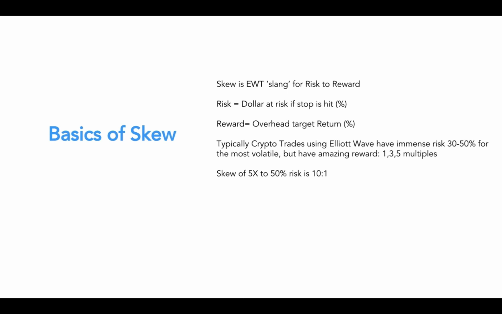So typically in crypto trades, we have this skew of 10 to 1, and that means that often I'm entering with a 30 to 50% risk on the trade, but I have this crazy reward, usually 1, 3, 5 multiples. Sometimes we see 10, and I think we had a 25x multiple trade early on in the service, I think it was XLM.